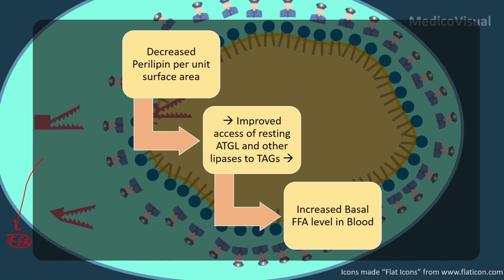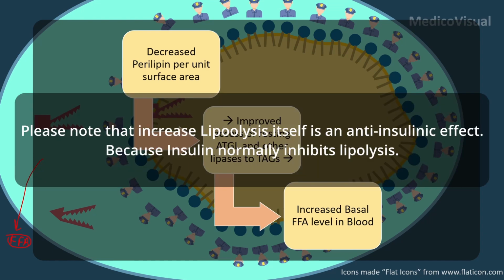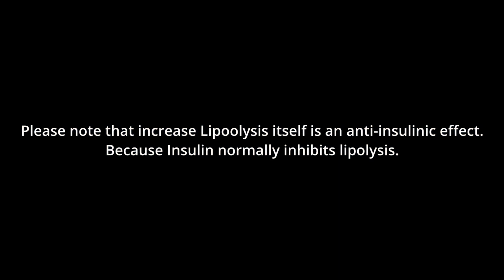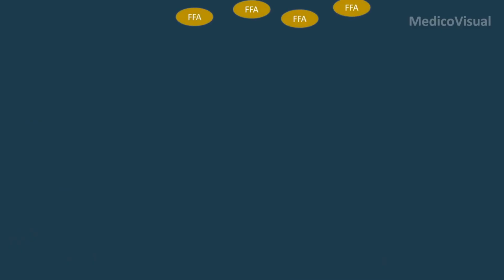Now the next question is why increased free fatty acid is the culprit behind development of insulin resistance. So let's see how increased free fatty acids cause insulin resistance. Let's suppose we have lots of free fatty acids in our bloodstream, in the extracellular fluid, and here is a cell.